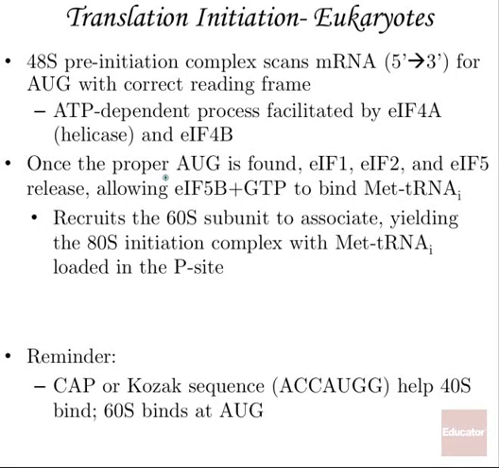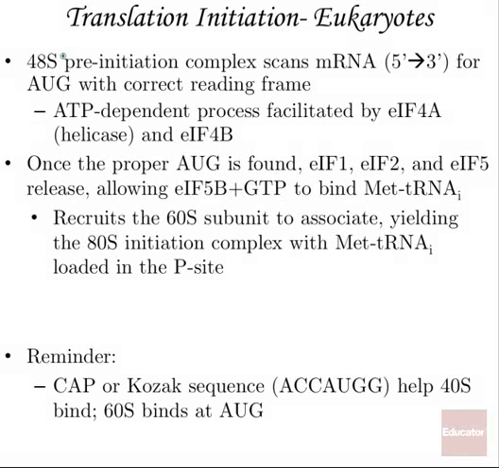All right. Okay, so we talked about the 43S initiation complex. Now let's move to the 48S pre-initiation complex. Okay, so the 48S pre-initiation complex is the 43S that we talked about plus the addition of the circularized mRNA with the EIF4 E, G, and A subunits.